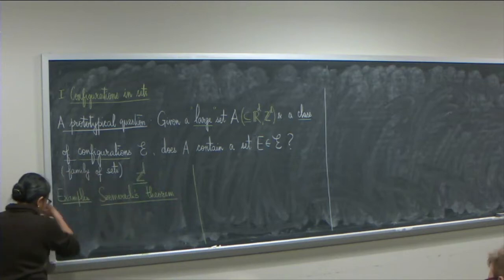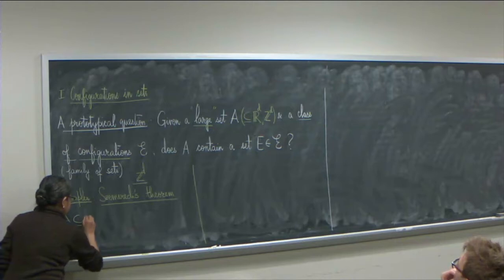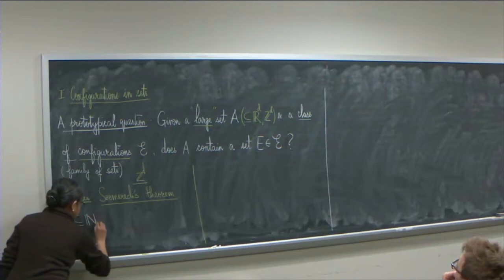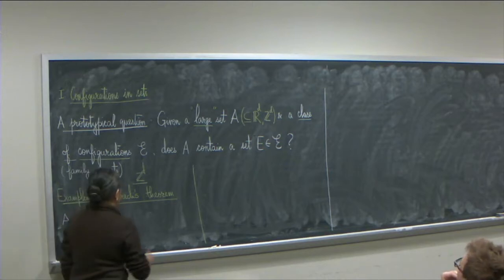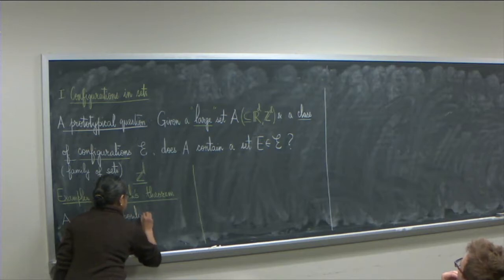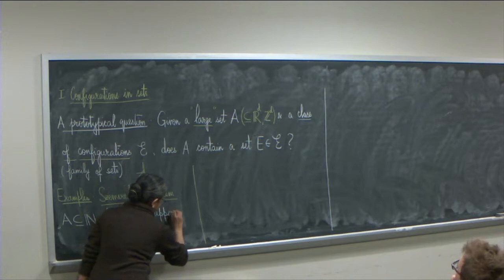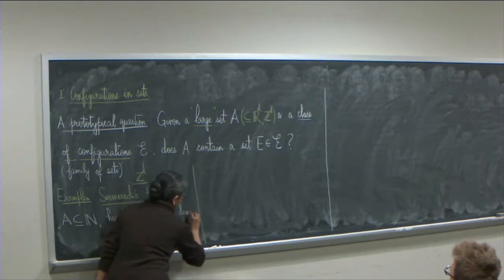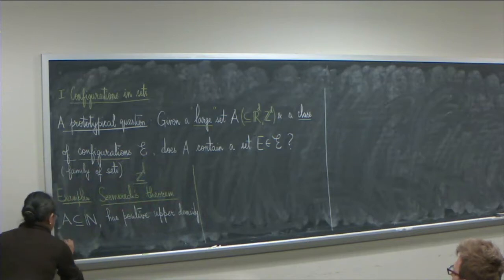So suppose that you have a subset A of the natural numbers, and A has positive upper density. This is going to be my notion of largeness. What does that mean?